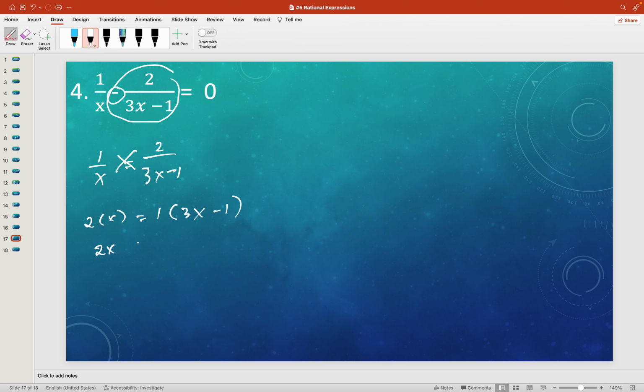So we have 2x is equal to 1 times 3x, which is 3x, and 1 times 1 is negative 1. Then we transpose: 2x minus 3x is equal to negative 1. So 2x minus 3x is negative x is equal to negative 1. Since it is negative, multiply by negative. So we have x is equal to positive 1.